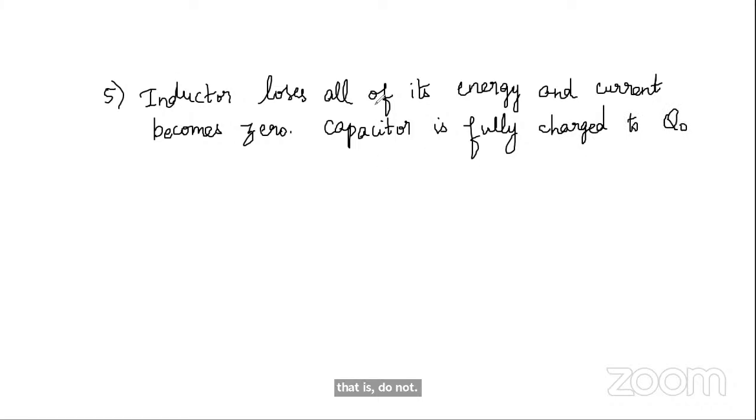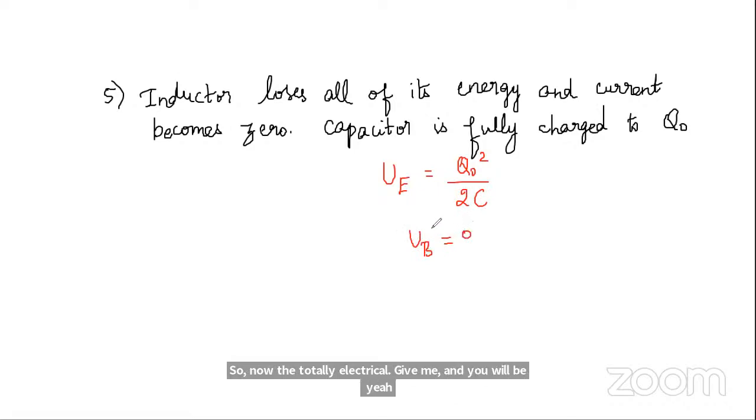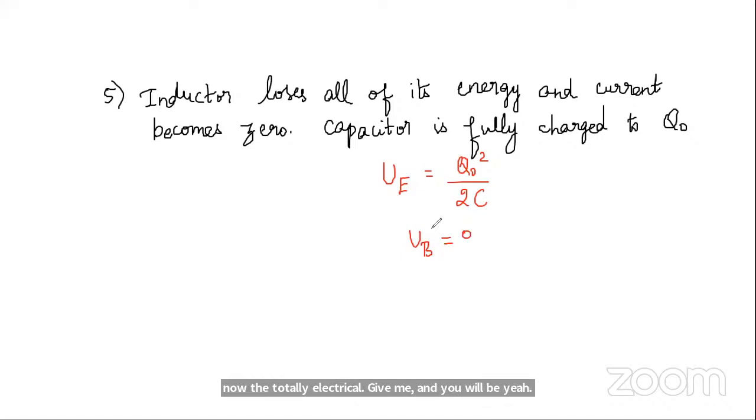So now the total energy is fully electrical. UE is equal to Q naught squared by 2C, and UB will be equal to 0. So this is how LC oscillations happen in this circuit.